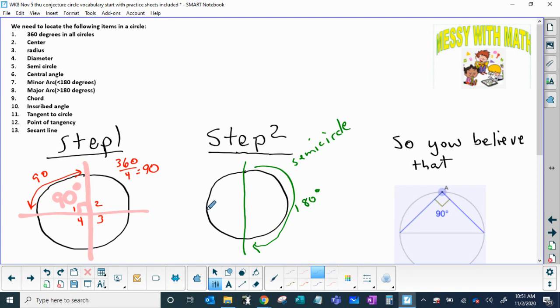But we just showed that if we sketch that in, this had to be 90. That has to be 90.